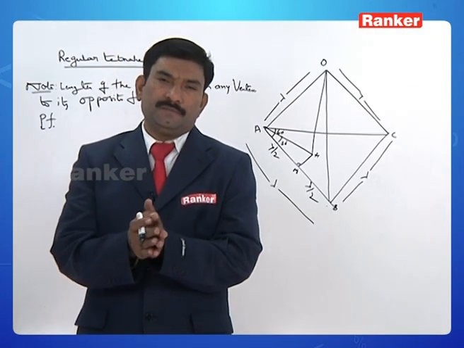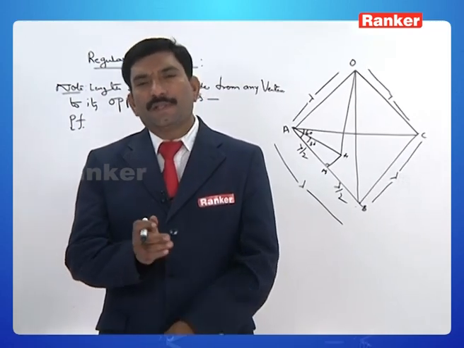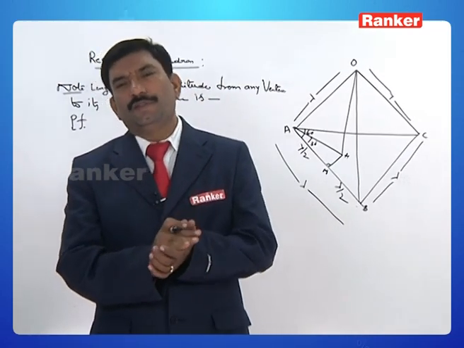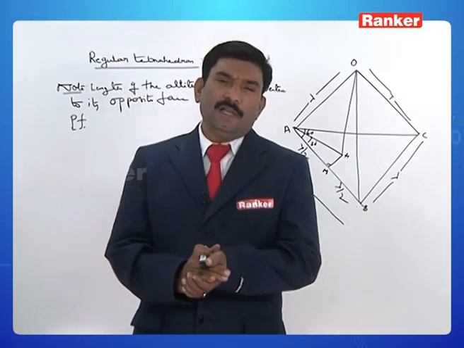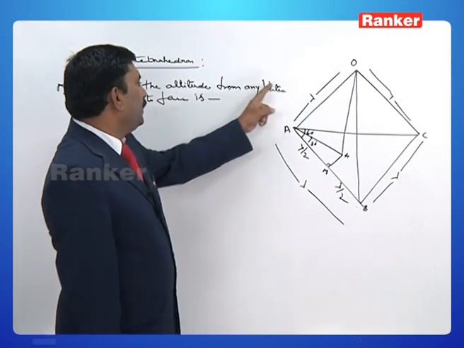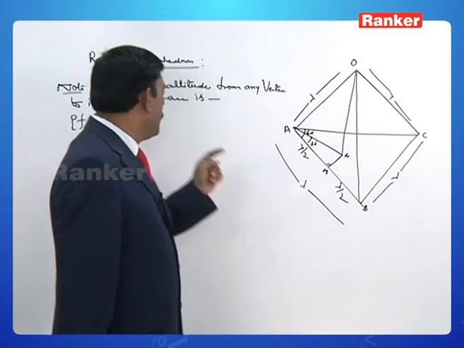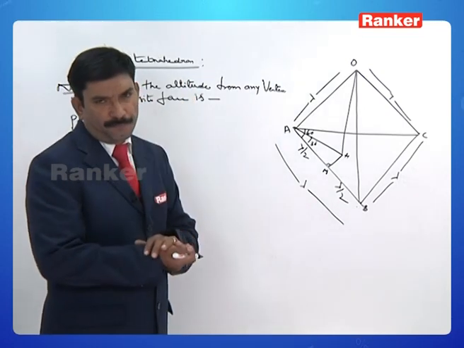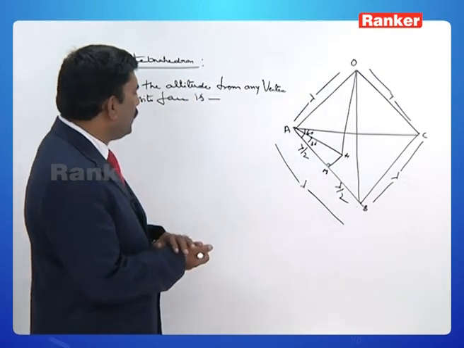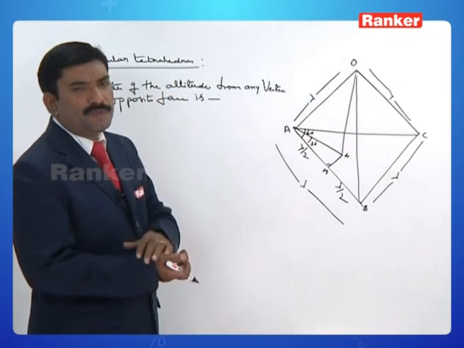Students, in a regular tetrahedron, we shall discuss one of the important properties: the length of the altitude from any one vertex to its opposite face.